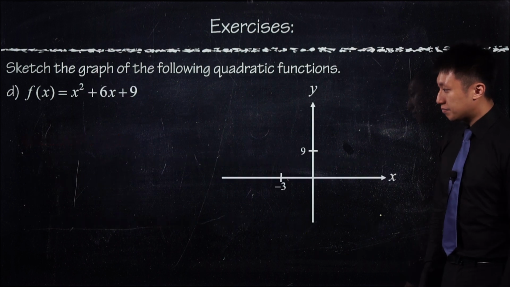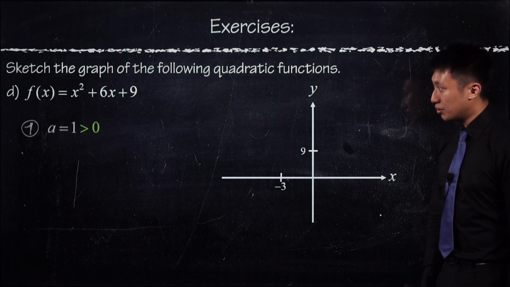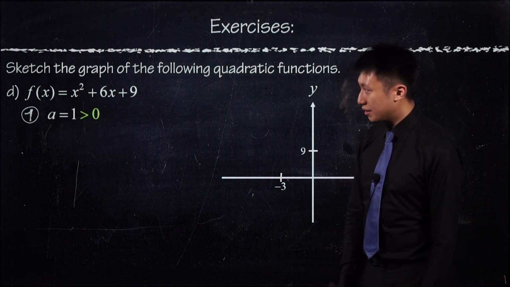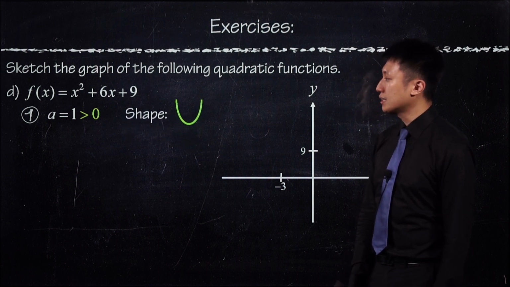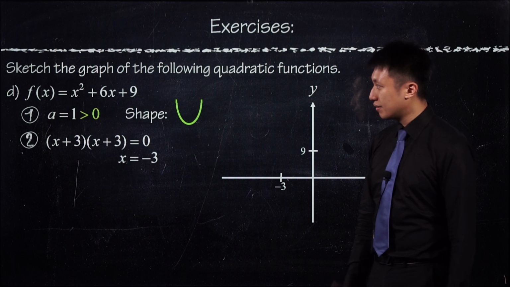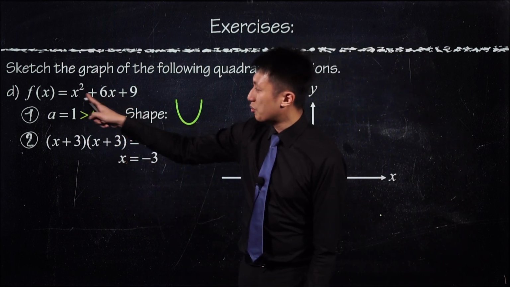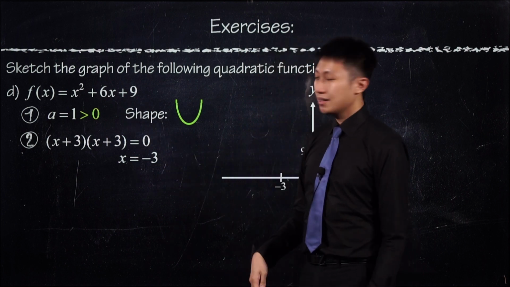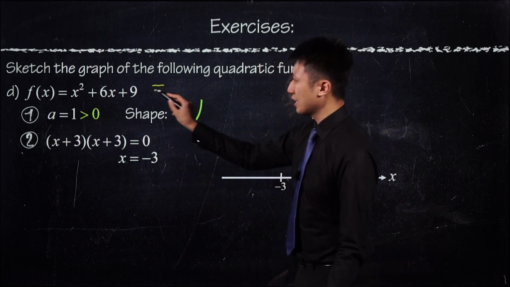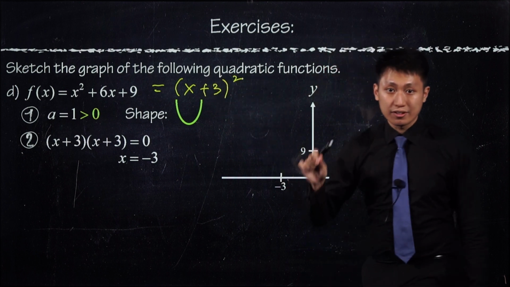Alright, last one. Sketch a graph of the following quadratic function. So you get a equal 1, bigger than 0. So the shape is this. Then second, find the roots. Easy. When you see somewhere 1, 6, 9, you should have the feeling that it equals (x plus 3) the whole thing squared, right away.